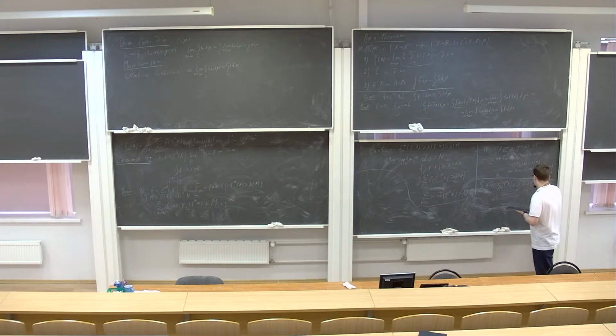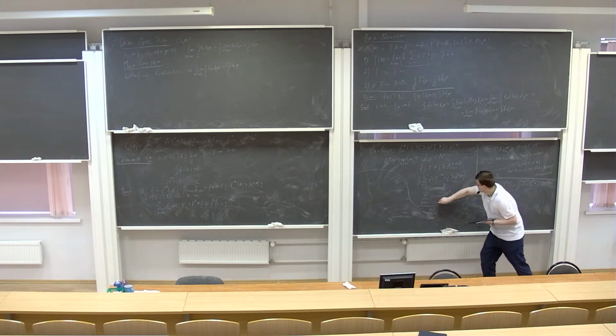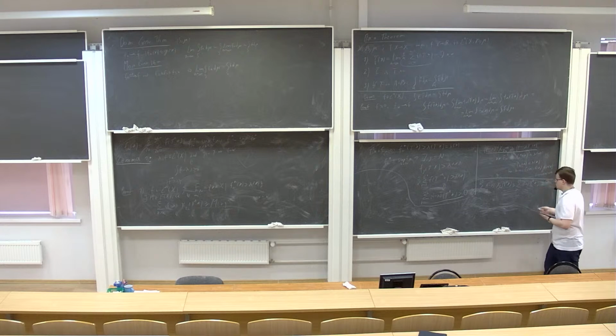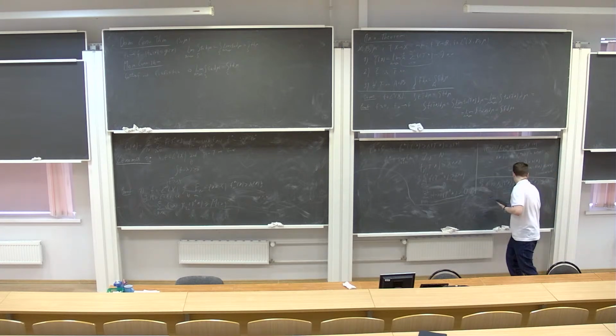So we just use this inequality and that inequality, and we get this inequality, and this is also greater than 0 because we've already proved it.